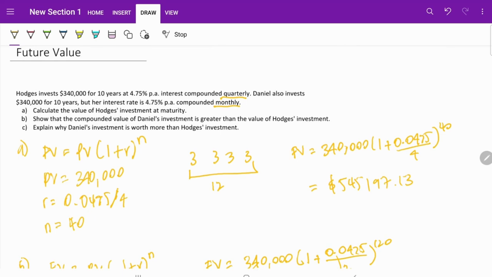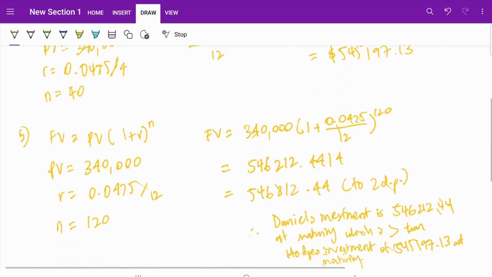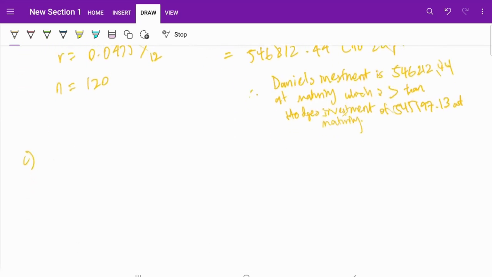And our last question is saying, explain why Daniel's investment is worth more than Hodges' investment. So the reason for this is that, well, Daniel's investment, I've spelled that wrong. Daniel's investment is worth more because of the power of compound interest.